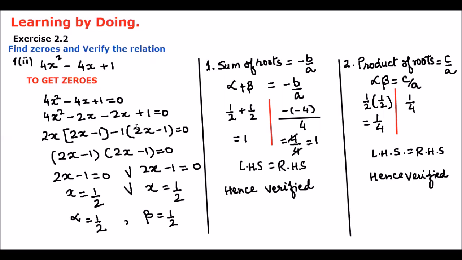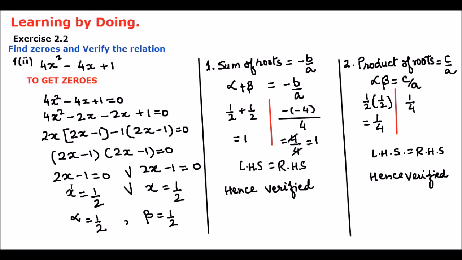Take this 2x minus 1 bracket common as it is in both the terms. So it will be 2x minus 1 and the other bracket is also 2x minus 1 equal to 0. Therefore, both the brackets are the same, so both the zeros you are going to get are the same. Either the first bracket is equal to 0 or the second bracket is equal to 0.